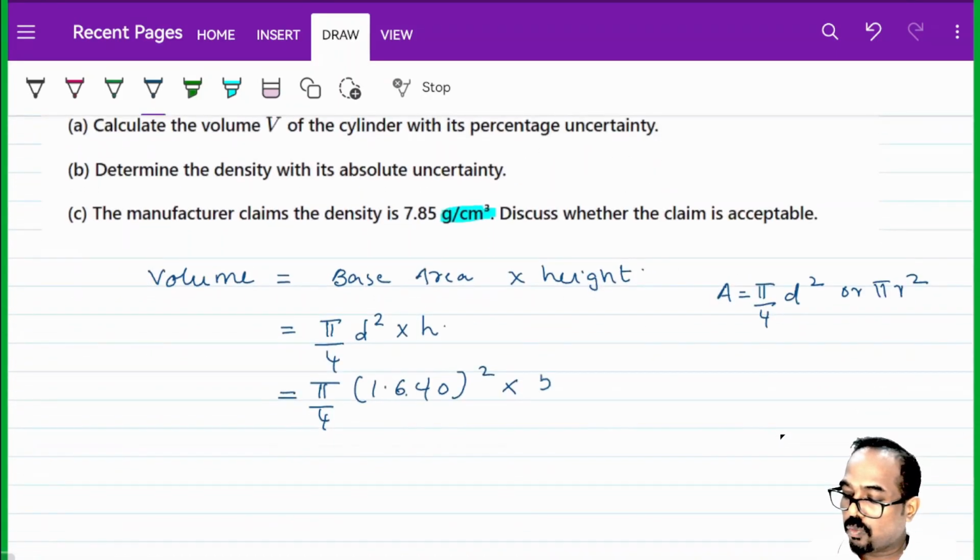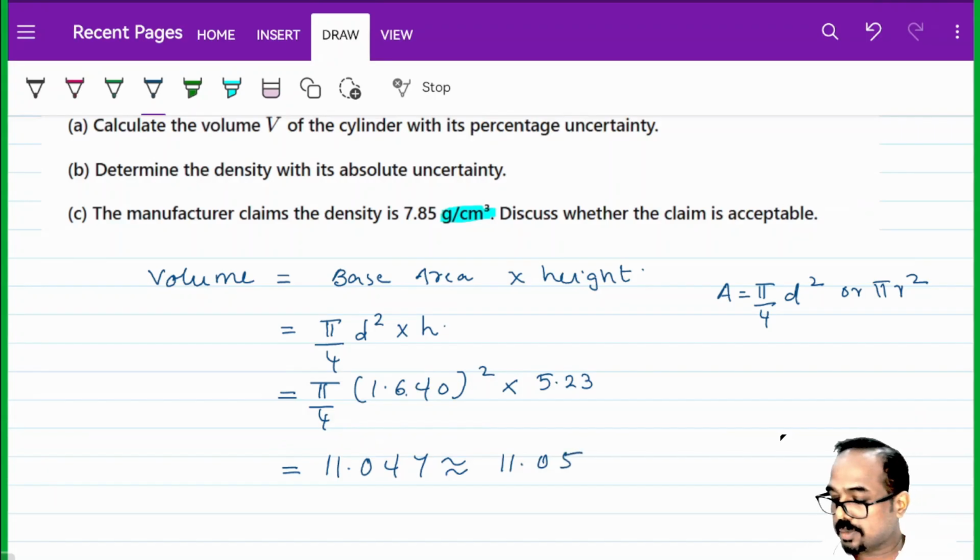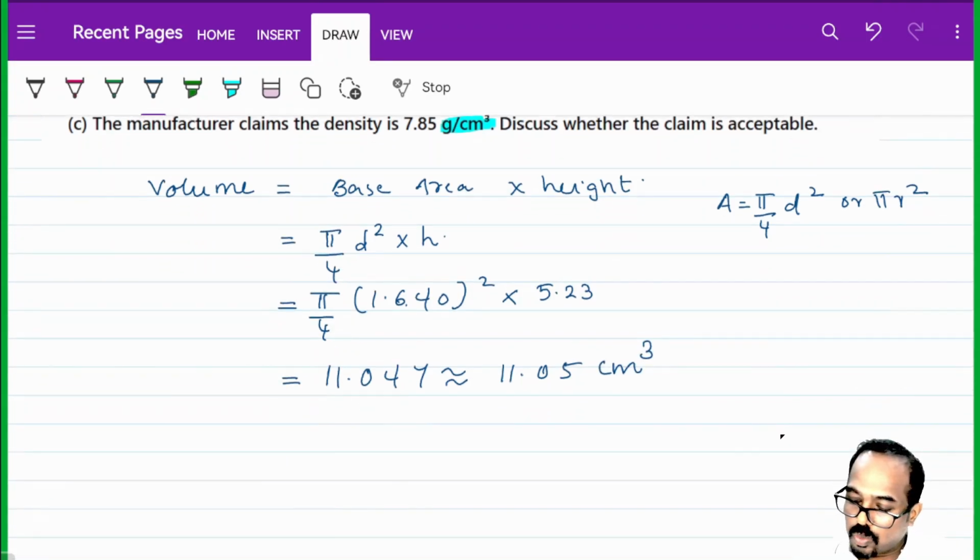When you substitute all these values in the calculator, you will get 11.047, approximately, rounded off, 11.05. It will be in centimeter cube. Write the unit always, okay? So the volume average value you got.